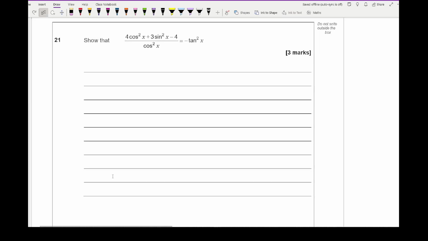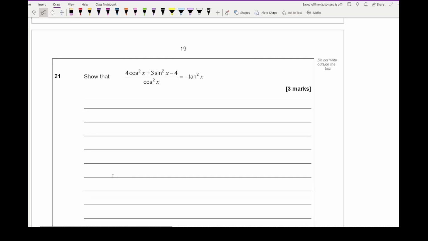Now moving on to our last question, it says show that (4 cos squared x + 3 sin squared x - 4) all divided by cos squared x equals -tan squared x. Now for this we're going to need to use our trig identities. So let's first of all write down what they are.